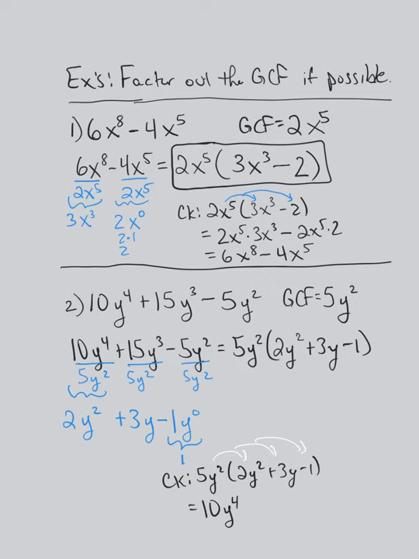And then 5 times 3 is 15, so plus 15. And then y squared times y to the first, I add the exponents and I get y cubed. And then minus 5y squared times 1, anything times 1 is itself, like that. And so then I look at this and I make sure it's the same as what I started out with. I do agree. And so now I know I have the correct answer. And I'll circle it.